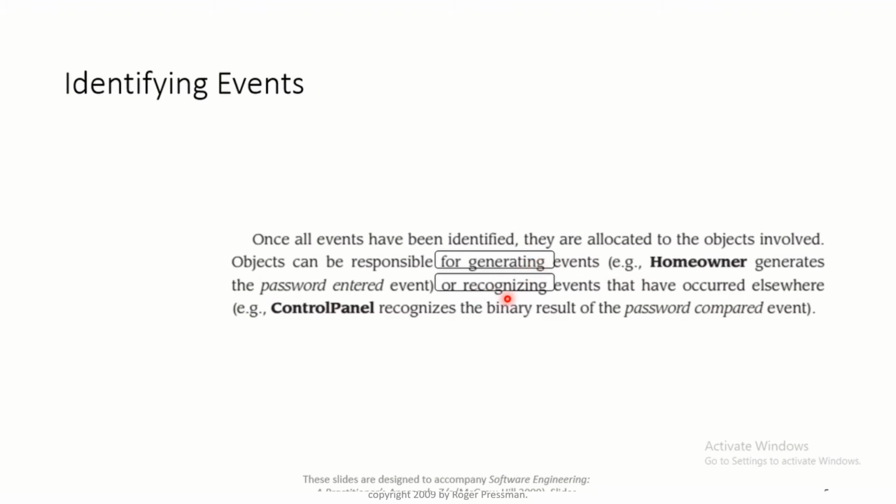In recognizing event, you can see that the control panel recognizes the binary result of the password compared event. It is not initiating the operation, it is just analyzing the response of this event. So we have defined the two categories, generating event or recognizing event.